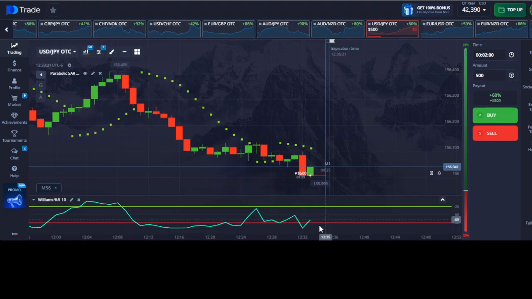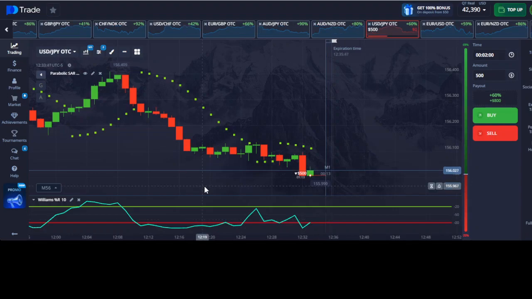We also have the dots on the Parabolic SAR printing above the candles, which suggests to me the price will continue downward at the end of the 2 minutes. So let's monitor this trade and wait for the expiration.